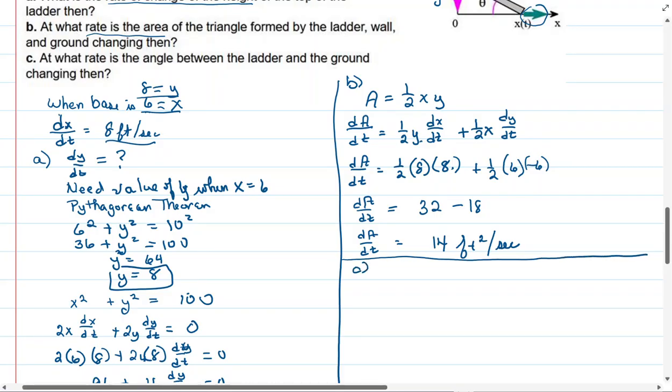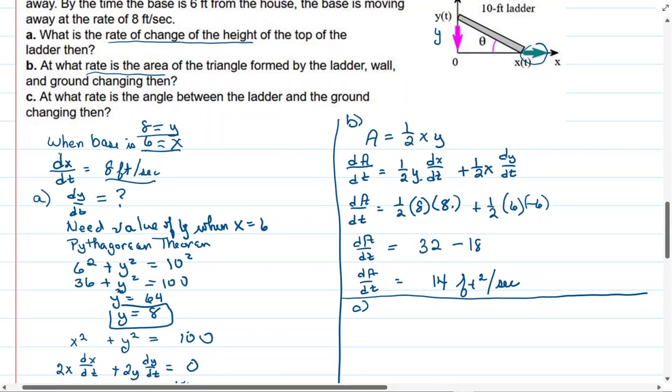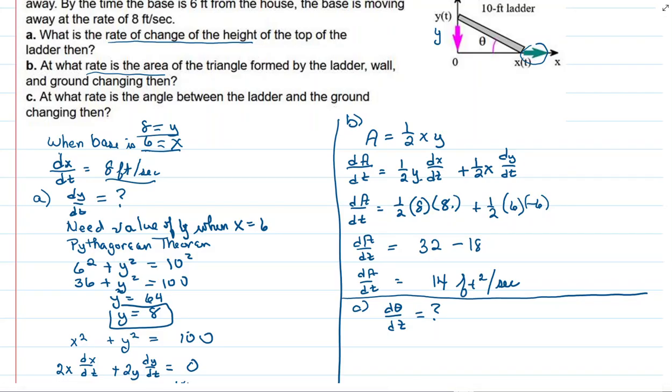Okay. At what rate is the angle between the ladder and the ground changing? Now we want the d theta over dt. All right. So somewhere we've got to make an equation to identify this.